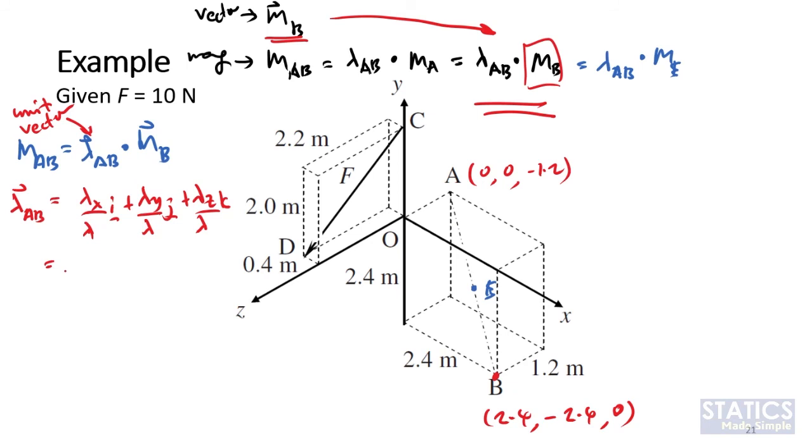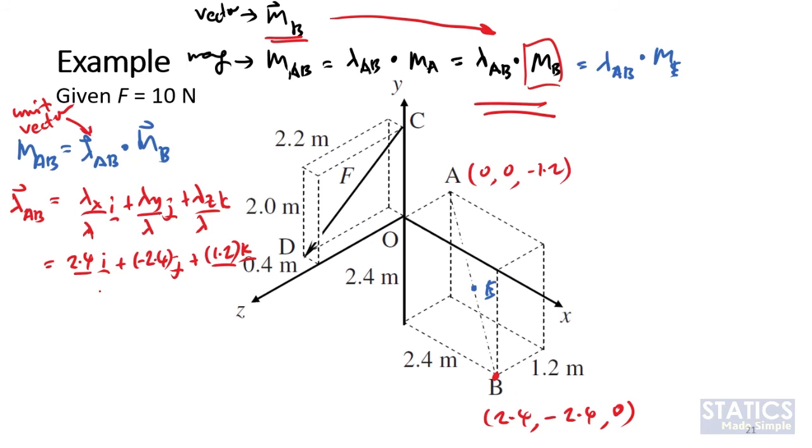In that sense, from A to B, lambda X will be equal to 2.4 I, lambda Y is equal to minus 2.4 J, lambda Z is equal to 1.2 K, right?